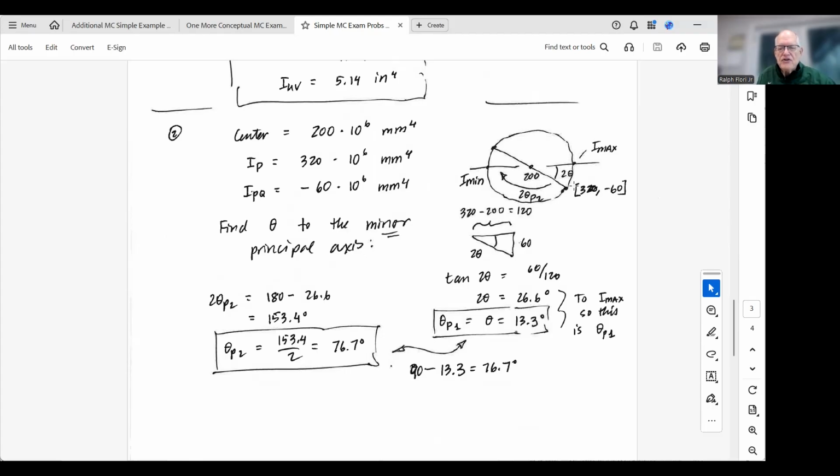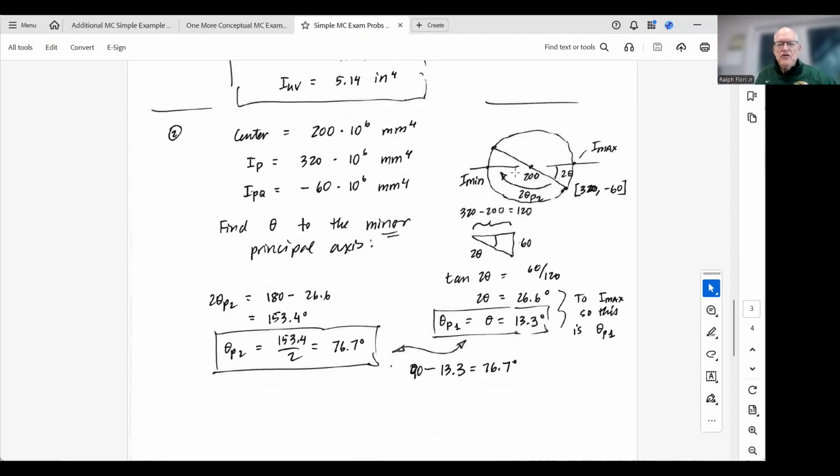So you set up this triangle, and the right side of the triangle is 60. The base of this triangle is 320 minus 200, which is 120, and that's for 2 theta. So 2 theta is the inverse tangent of 60 over 120, which is 26.6 degrees.